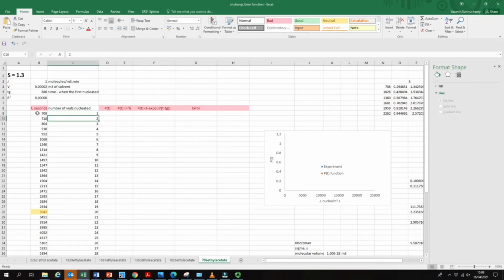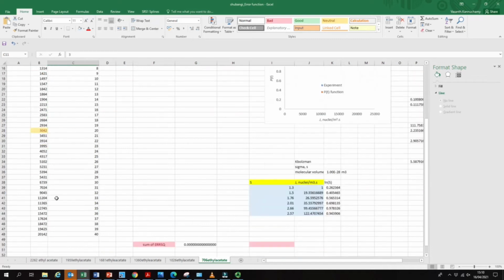If you see the video, I added a notation on the screen: when the first vial nucleated I put this value, 708 seconds, 719 seconds, when at 804 seconds the third vial nucleated, and so on. And all the 40 vials got nucleated when time is equal to 20142 seconds.